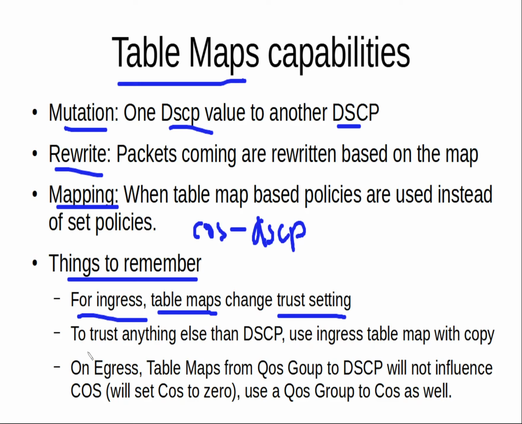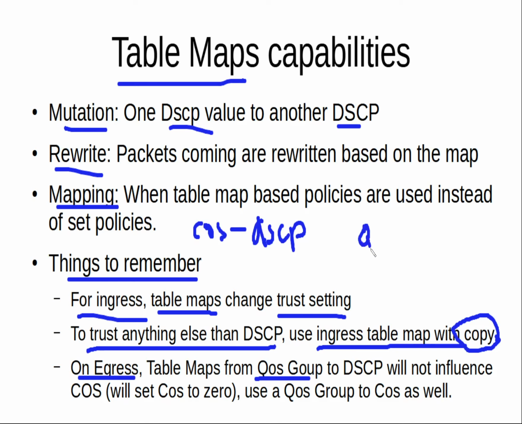If you are going to trust anything other than DSCP, remember to use an ingress table map with the copy feature. We're going to see an example of this. And for egress, if you're using quality of service groups, make sure to have a table that will do quality of service group to DSCP mapping and quality of service group to COS mapping.